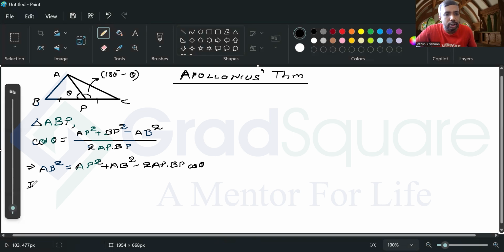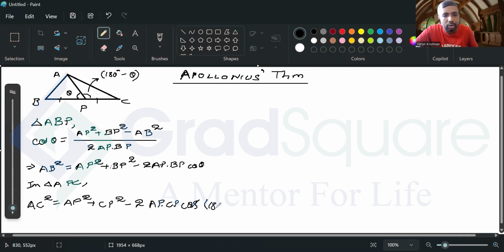And if we do the same thing in triangle APC, if you apply the cosine rule in triangle APC and perform the same operations as I have done for triangle ABP, then I'll get AC square is equal to AP square plus, I'm sorry, I think I made a mistake here. I've taken AB square to the other side. The earlier line should have been AP square plus BP square. So AP square plus CP square in the case of triangle APC, minus 2 into AP into CP cos of 180 minus theta.